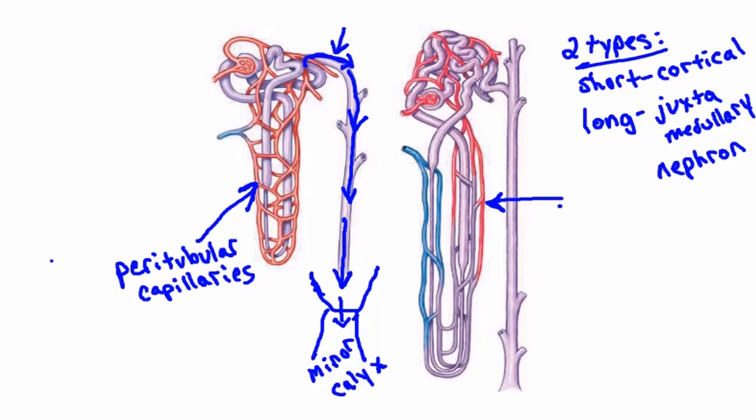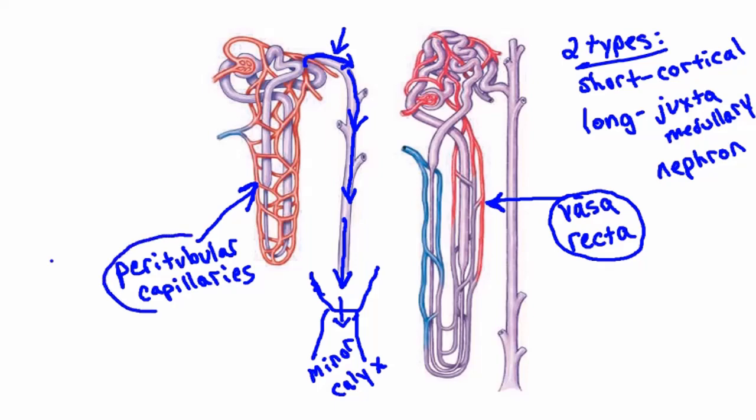Instead of peritubular capillaries, they're called the vasa recta. And they pretty much do the same thing. It's just a lot more intense with the vasa recta, so they make more concentrated urine. But pretty much everything else is the same. Just remember, the peritubular capillaries are for the cortical nephron, and the vasa recta is what it's called in the juxtamedullary nephron.